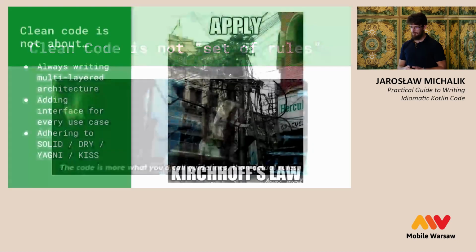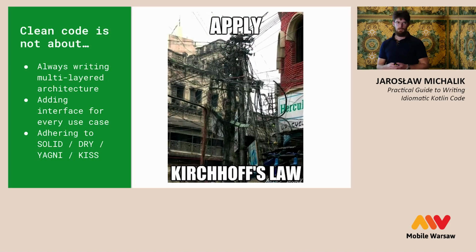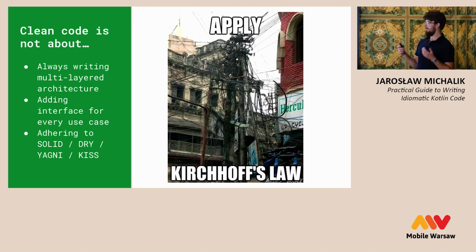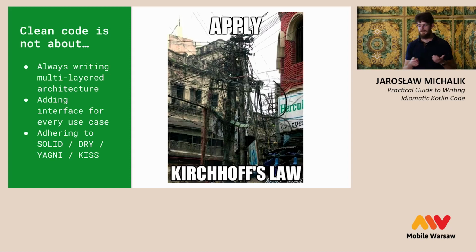So do what is reasonable. Clean code doesn't mean that we have to have multi-layered architecture. Clean architecture doesn't mean we have to have multiple Gradle modules. It is useful, but it doesn't have to be that way.